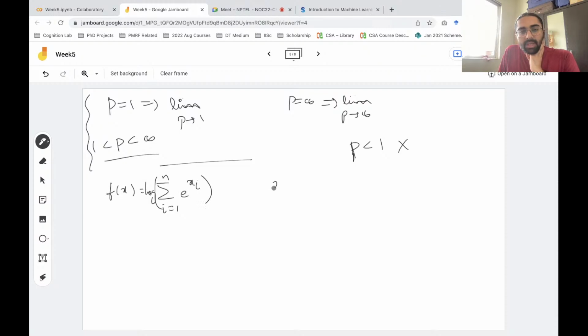If you want to take the derivative of this function with respect to a given component, does this make sense? Just let me know.